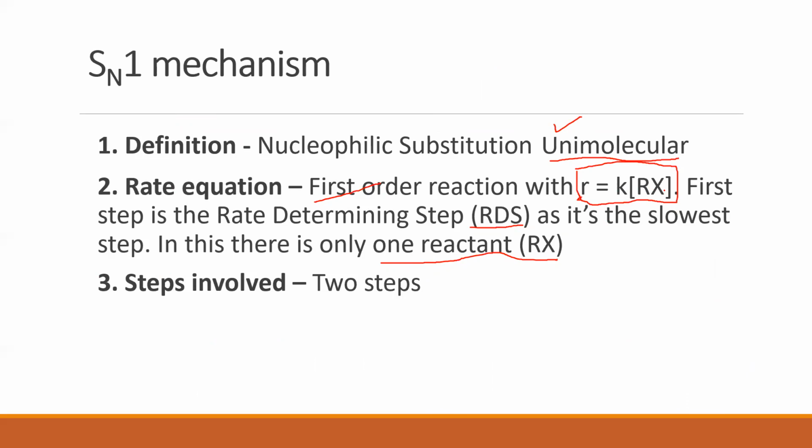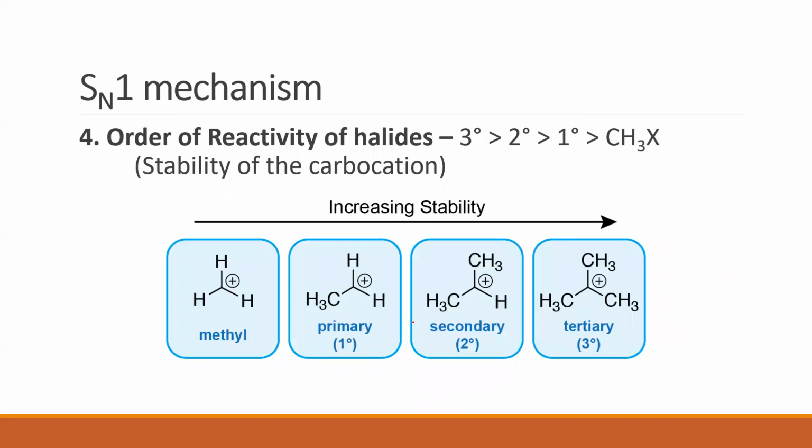Steps involved? Unlike SN2, here, how many steps are involved? Two steps. The first step is formation of carbocation. The second step is attack of the nucleophile. Coming to the order of reactivity of halides. What was the order that we saw in SN2?